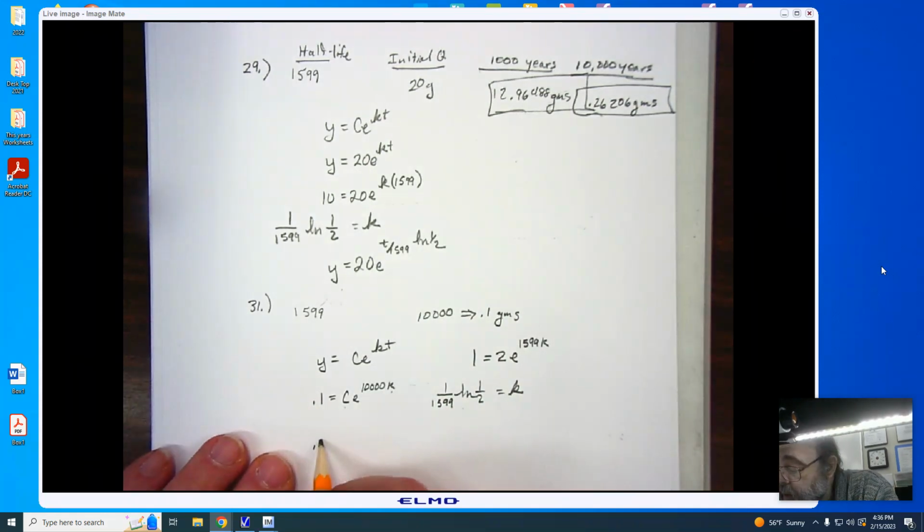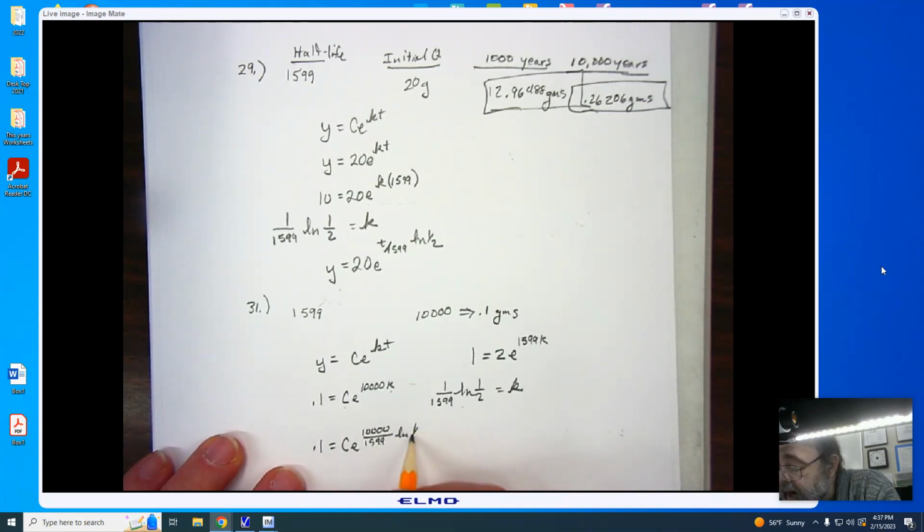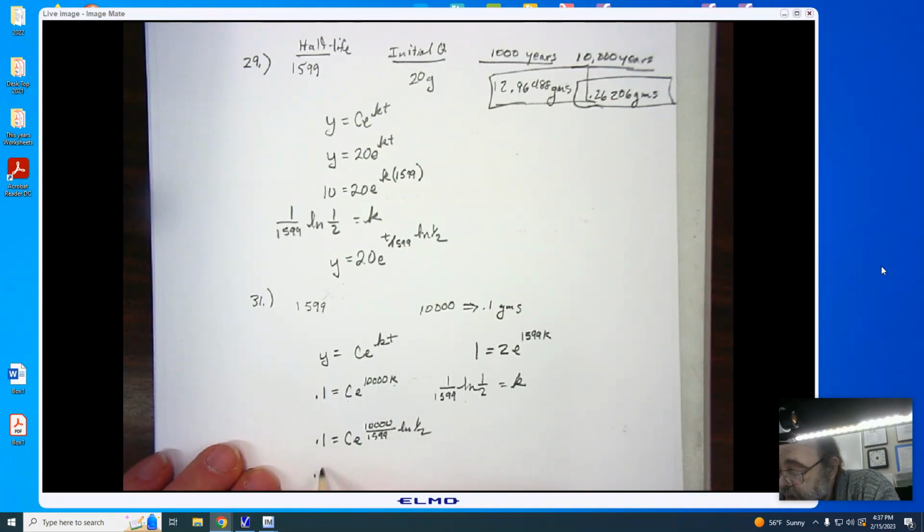So we have 0.1 equals Ce to the 10,000 divided by 1,599 natural log of 1/2. So I'm going to go ahead and divide 0.1 by e to the 10,000 divided by 1,599 natural log of 1/2.